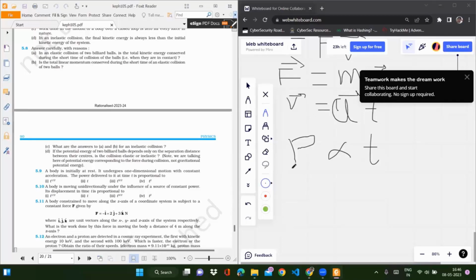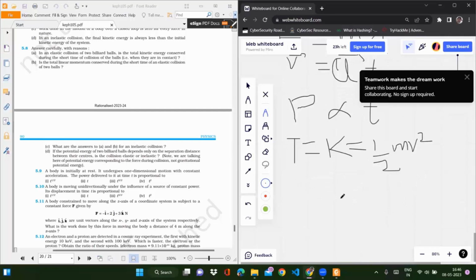It has only kinetic energy, no potential energy, means the total energy we are considering equals the kinetic energy, as the body is a free body. And so the total energy equals kinetic energy equals half mv square. And it is given that the power delivered is constant.